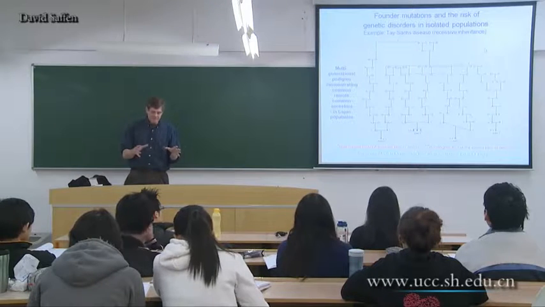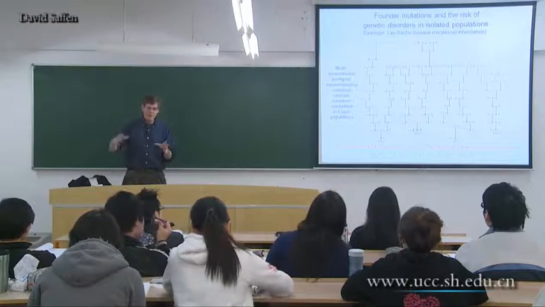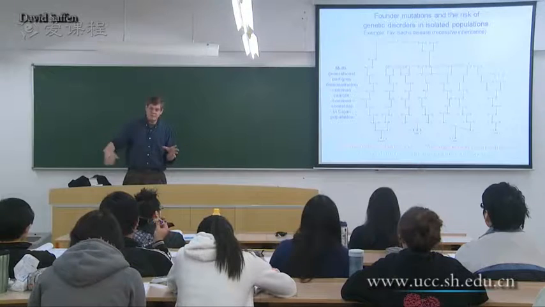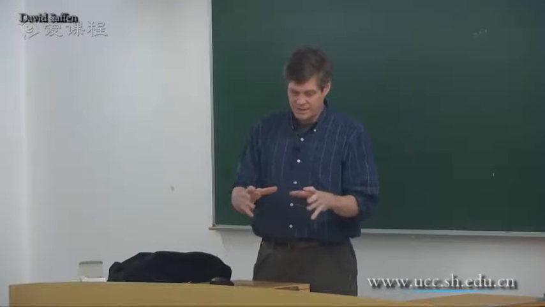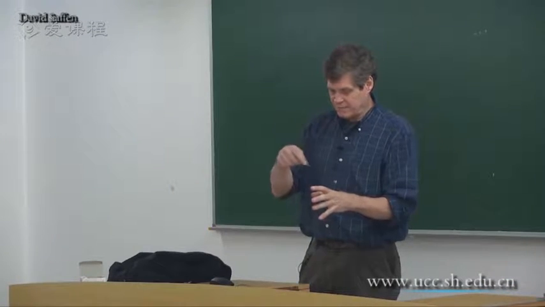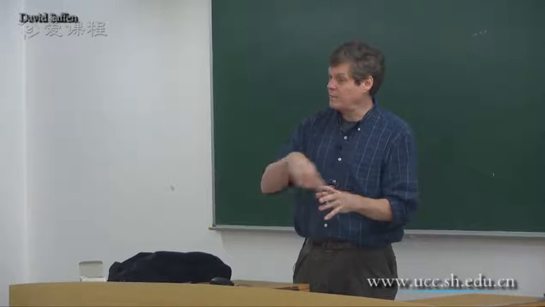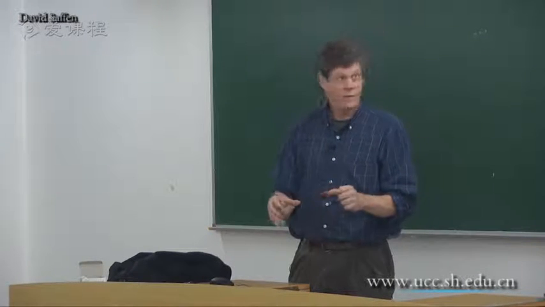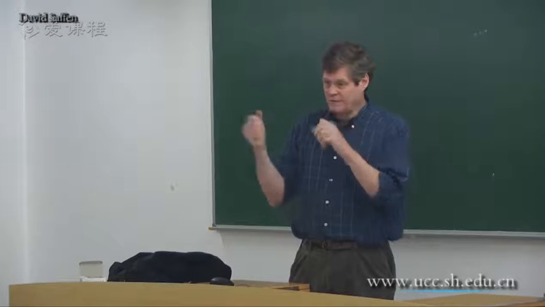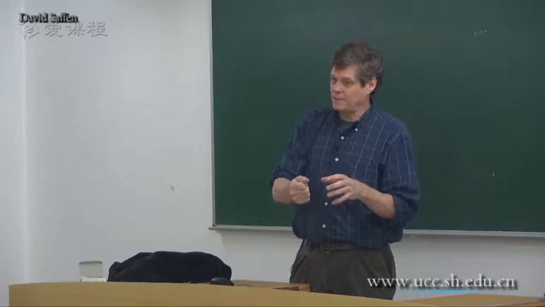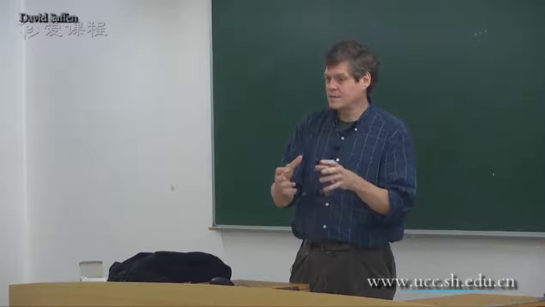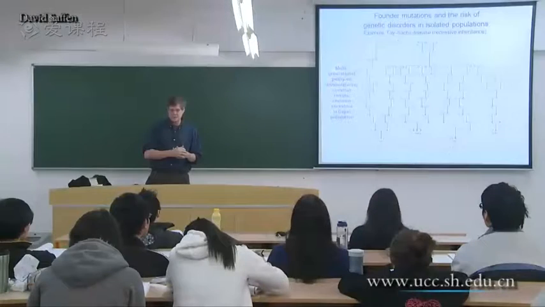If you have a population that's isolated from the rest of the population, and people tend to find their mates primarily within the small population, then if a mutation is brought into that population at some point, it tends to increase in frequency.